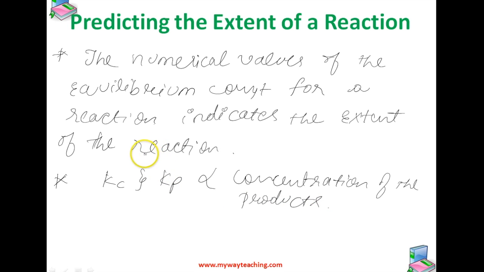So this implies that a high value of K is suggestive of a high concentration of products and vice versa. So this is predicting the extent of reaction.